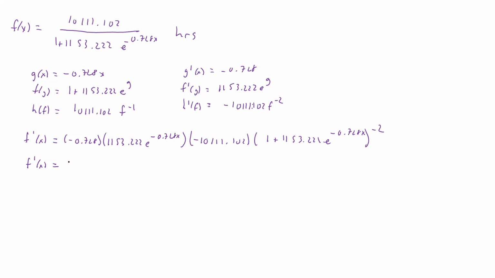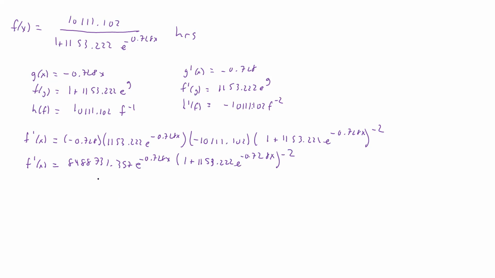All right, so that gives us 8,488,731.357 e to the negative 0.728x. And then it's all still times our 1 plus 1153.222 e to the negative 0.728x to the negative 2.